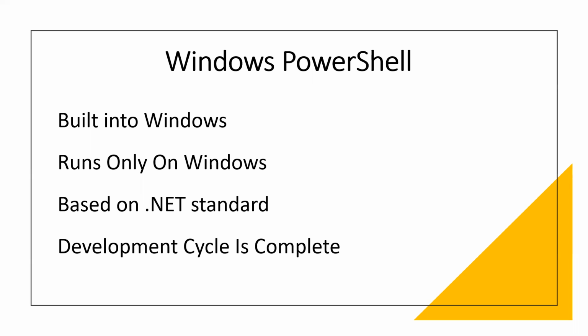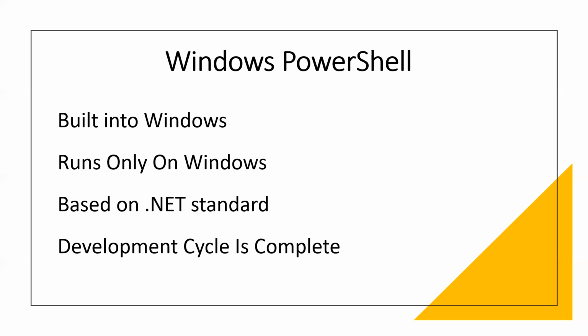Windows PowerShell is based on the .NET standard, so it uses the .NET framework that Windows is built on. The other thing with Windows PowerShell is that it is closed as far as development is concerned, and what that means is that no further development is going on for Windows PowerShell to add new features to it.